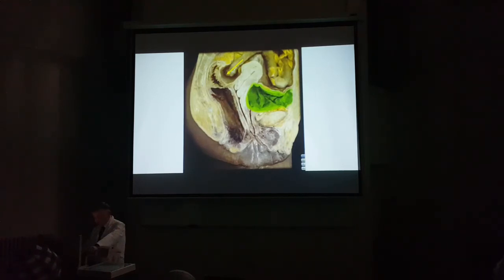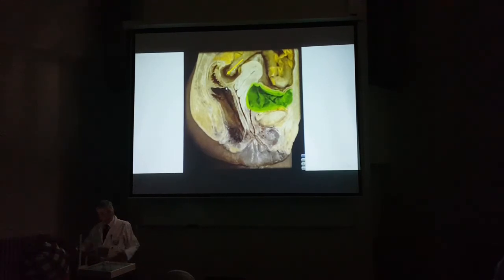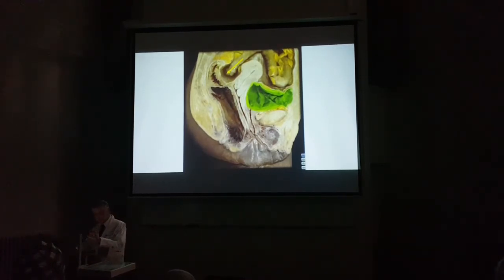Fluid, this is very dependent. Fluid collects here, and we like that because we go through the rectum, puncture this, and the fluid is out without an operation. But we have to make sure that the fluid collects here.